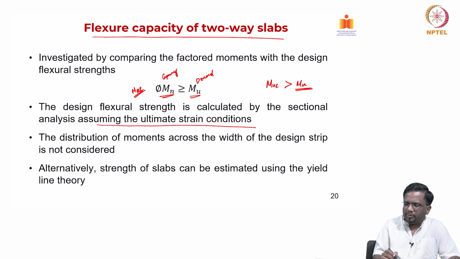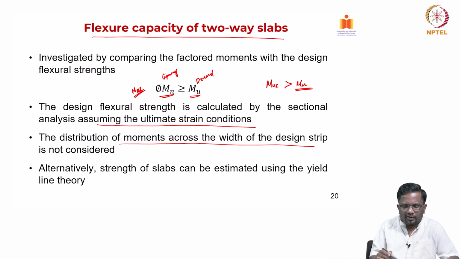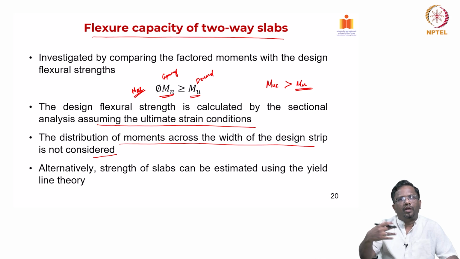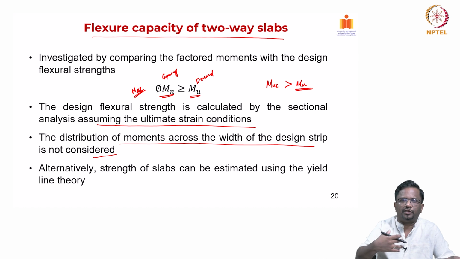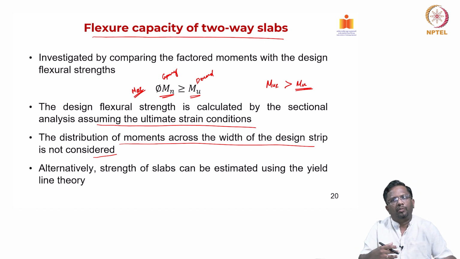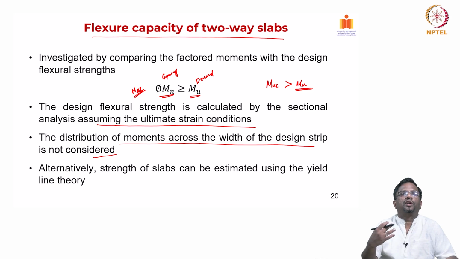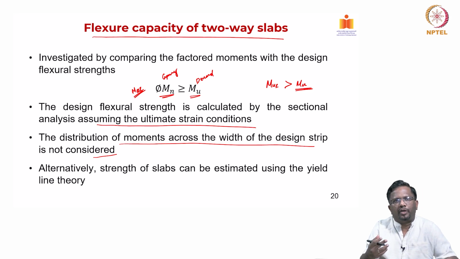Then the distribution of moments across the width of the design strip is typically not considered, because in post-tension slabs you have PT cable throughout the width. So, every region is considered to be equally stiff. In a typical RC slab we also do the transverse distribution of the moment, but here we do not do that, because they are all pre-stressed, they are not cracked.